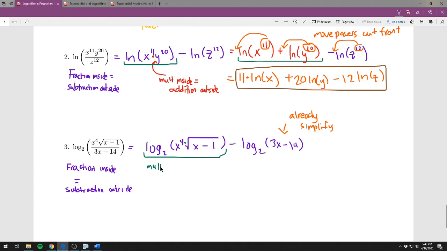So after we take care of the fractions, we take care of the multiplications. Multiplication inside is addition outside.